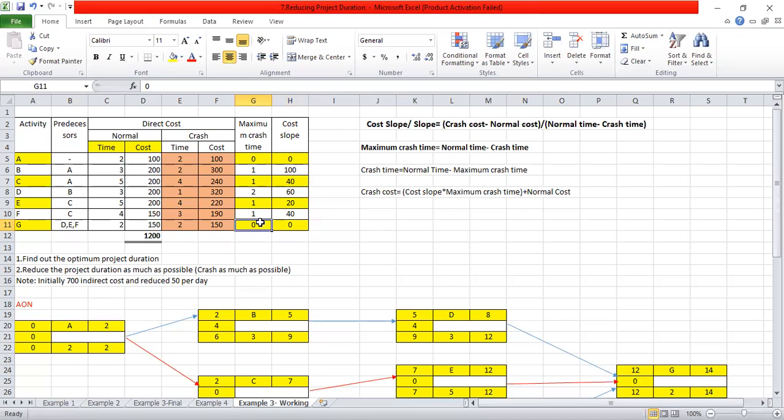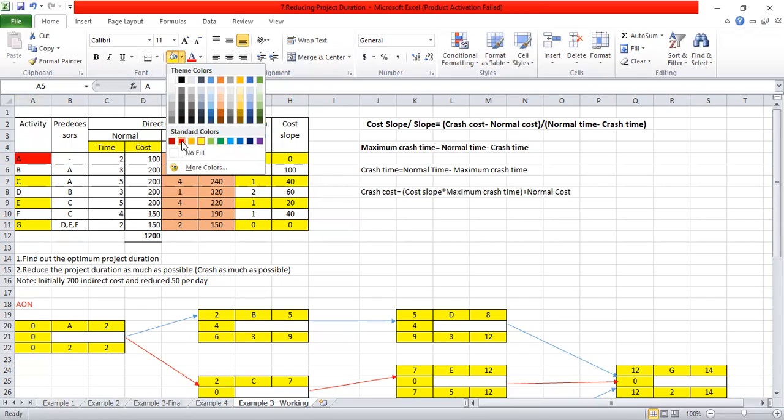So that means those activities cannot be reduced further. What are those activities? Activity A. So I will cut that activity.